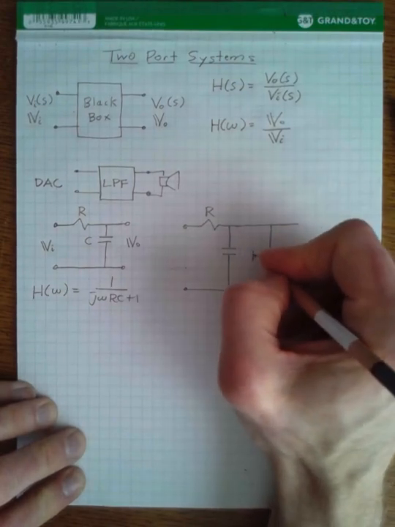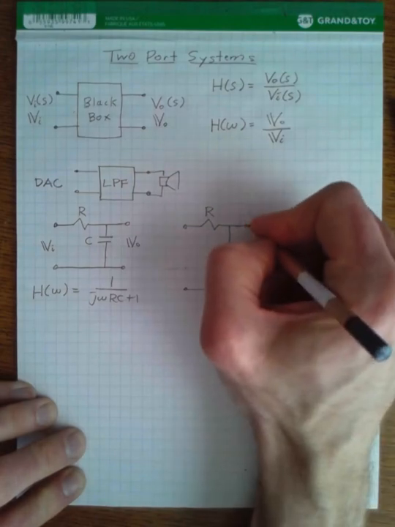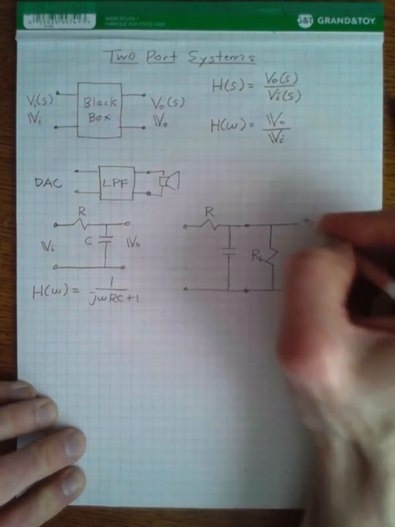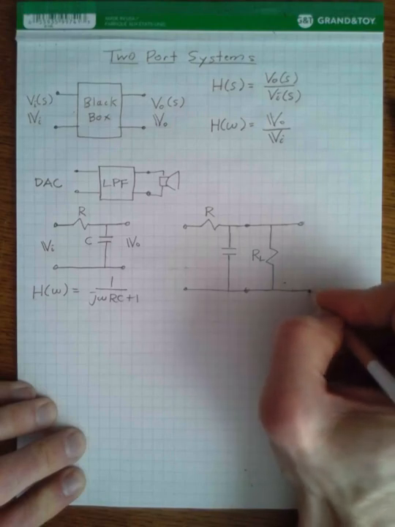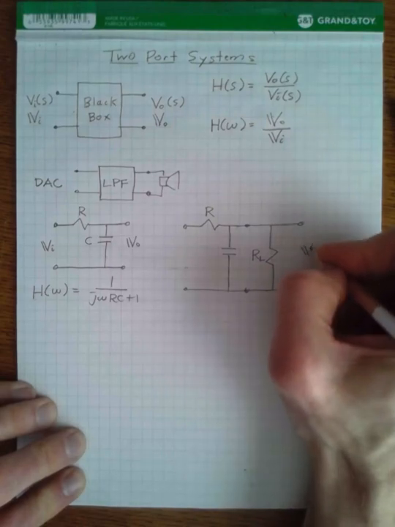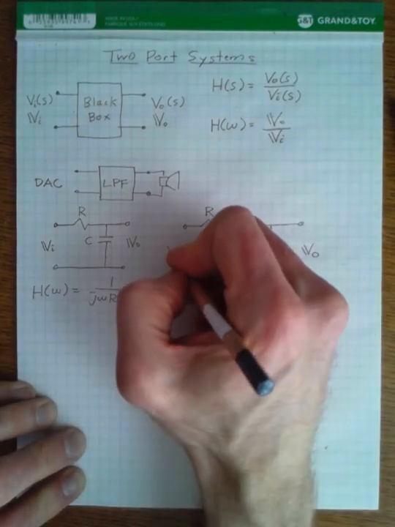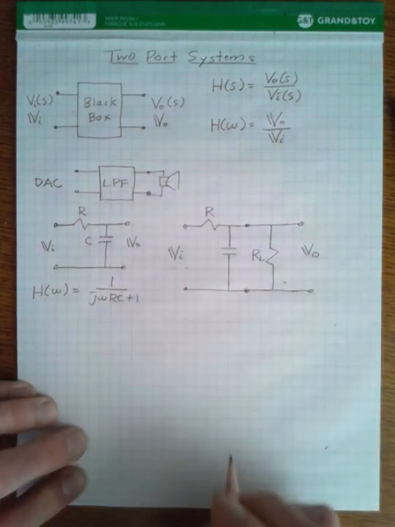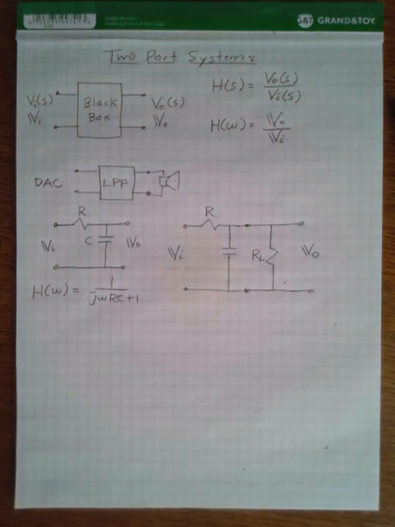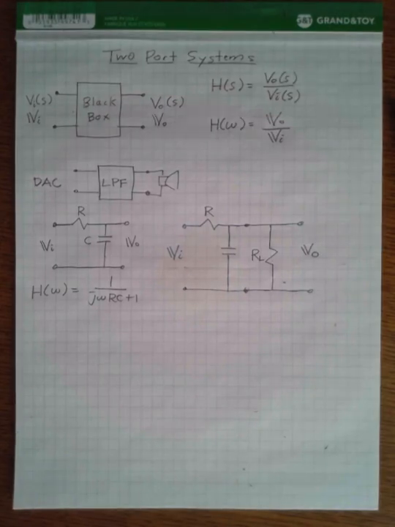And we hook up some load resistance to our output terminal, and then we want to see how this affects our output voltage. And so this then becomes our circuit analysis problem. How do we handle this cascaded system?